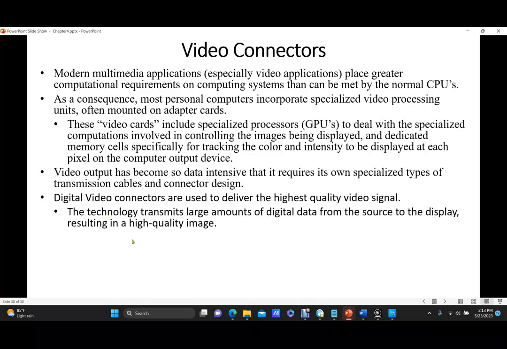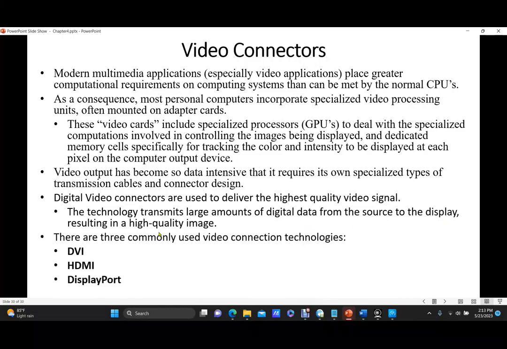This technology transmits large amounts of digital data from the source to the display, resulting in a high-quality image. There are three commonly used video connection technologies: DVI, HDMI, and DisplayPort.